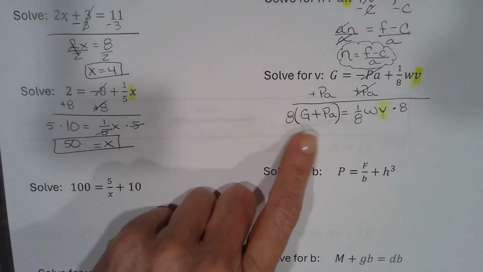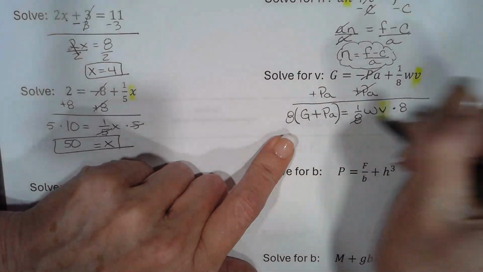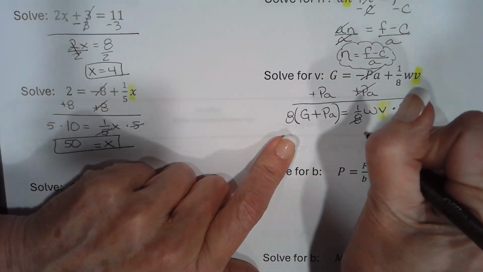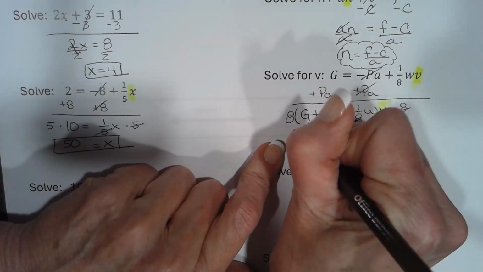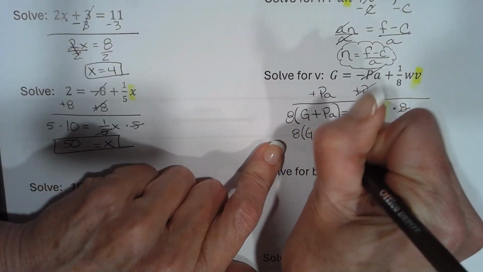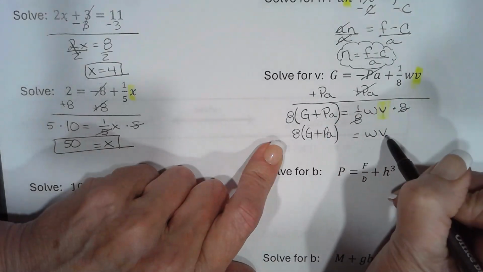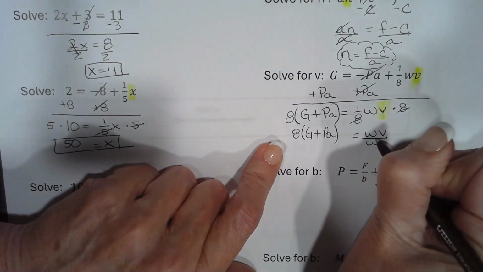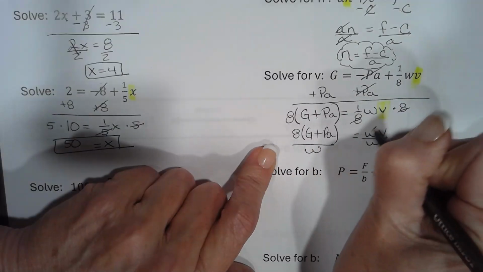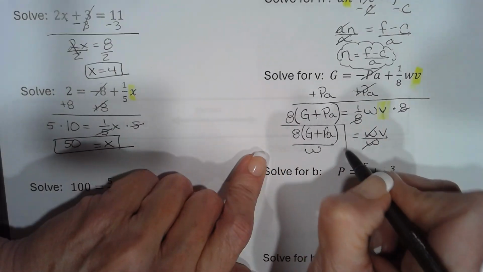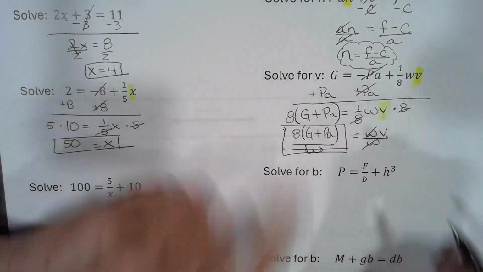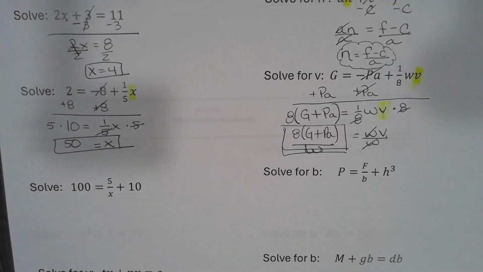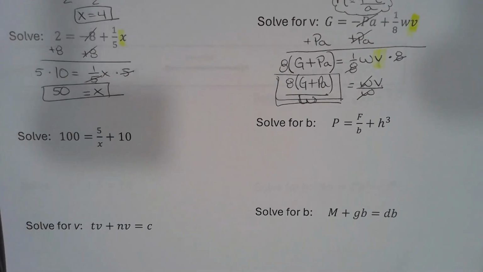See, there's 2 terms, so I have to use a parenthesis. Now I've got WV equals 8 times (G plus PA). And to solve for V, I'm going to divide both sides by W. There's my expression.